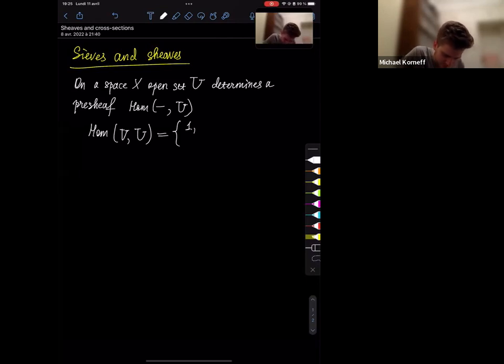It equals 1 if V is a subset of U, and the empty set otherwise.